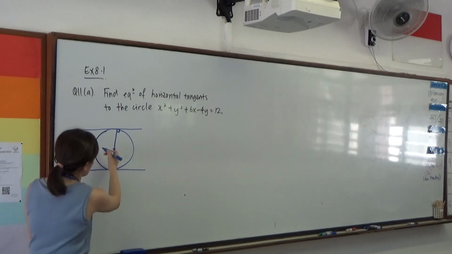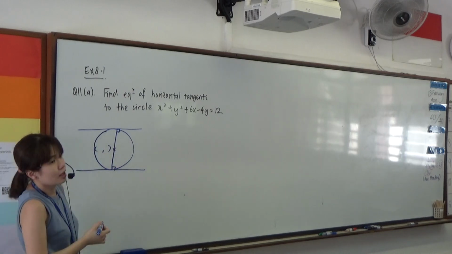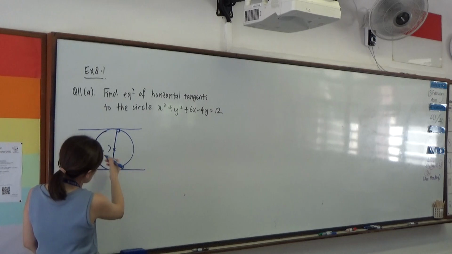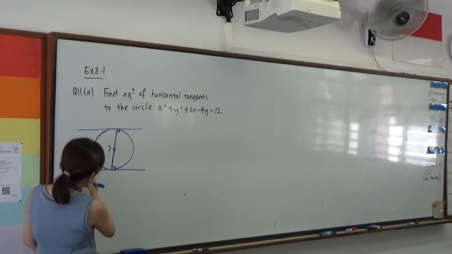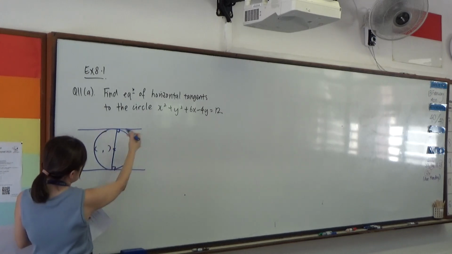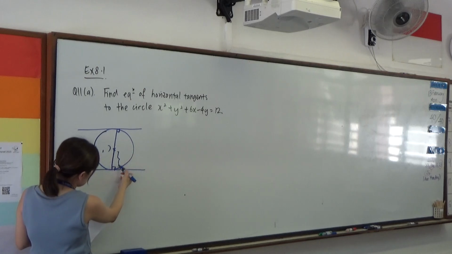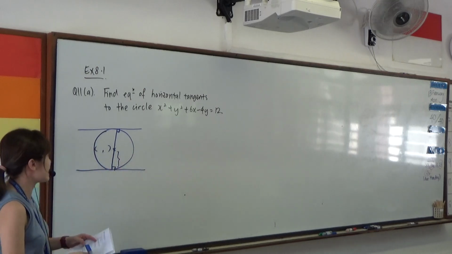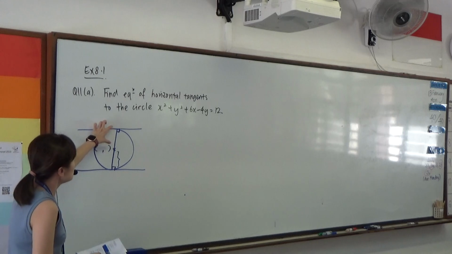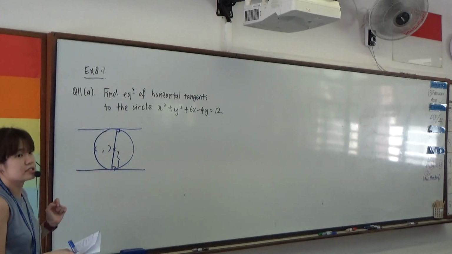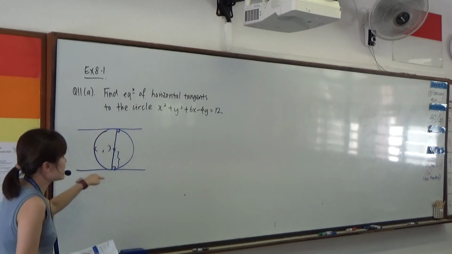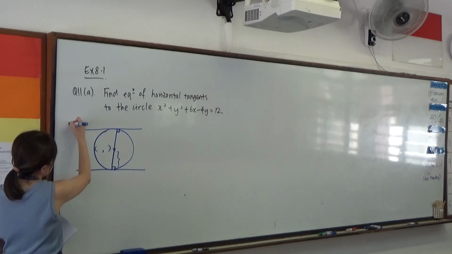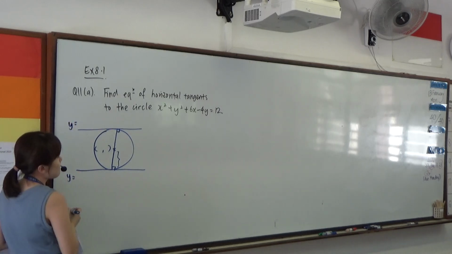So if I know the coordinates of the center, with the x coordinate and the y coordinate, and also the radius length, then I will be able to know the equation of the horizontal tangents. Horizontal tangents, being horizontal lines, must have the equation y equals something.